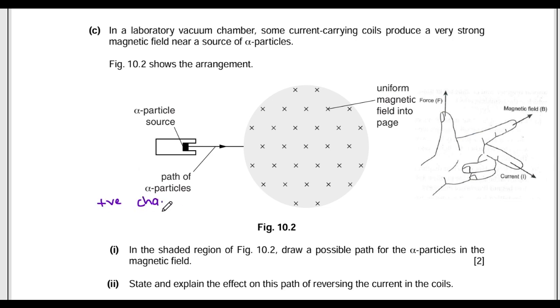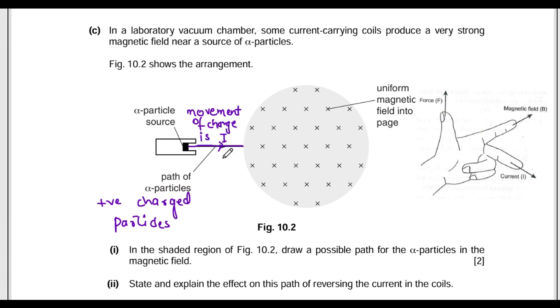So why do they get deflected? The fact is that alpha particles are positively charged particles, and if they are moving, this movement is current, because movement of charges is referred to as current.